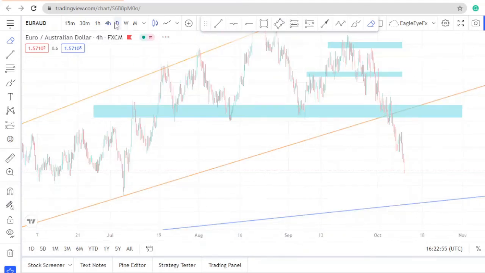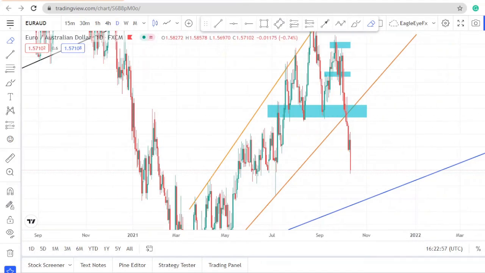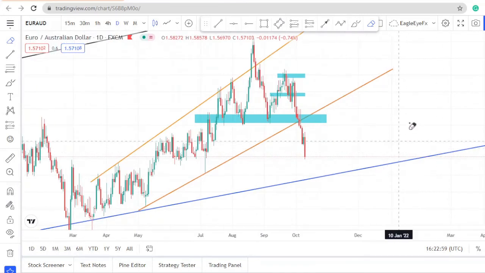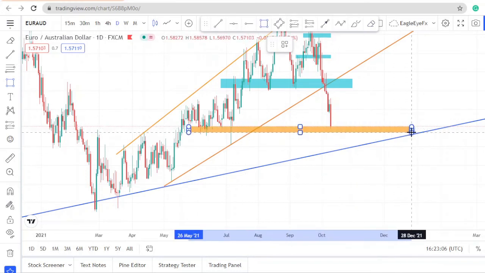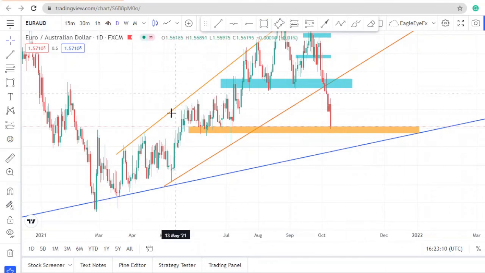Let's first of all go back to the daily time frame, because there's something quite interesting here. There is a level over here, and that's where Euro AUD is at.